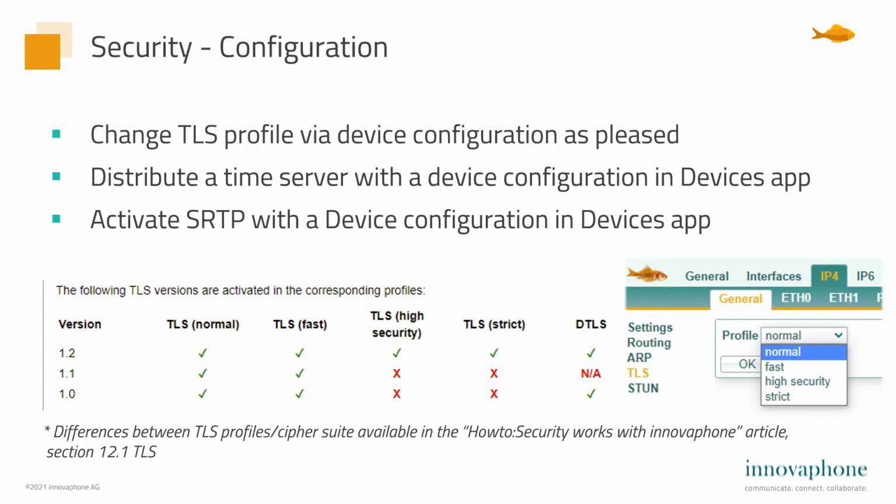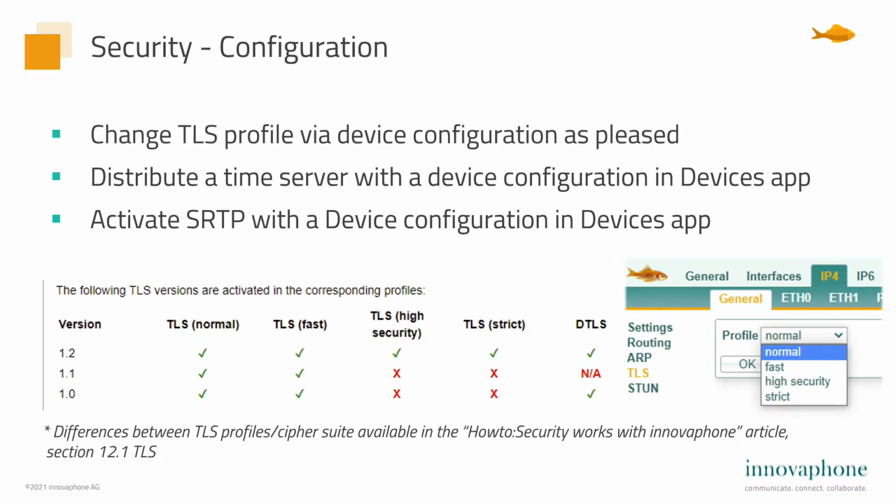And you can also activate SRTP in the device configuration. And with SRTP, you can also select a profile that's telling you to use normal, fast, high security or strict security. And the differences are shown in the table in our slide.